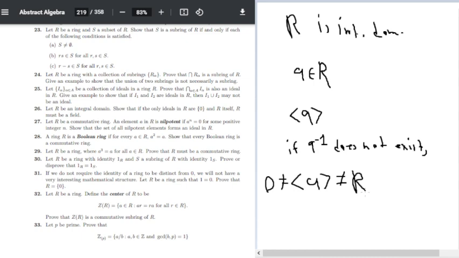R is an integral domain, right? A is in R. Actually, I think this needs a bit more proving.